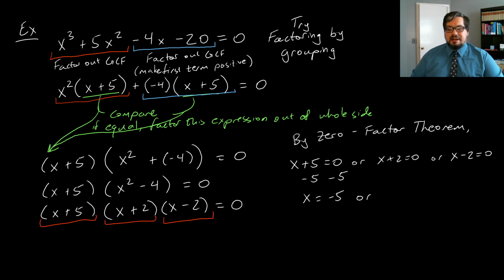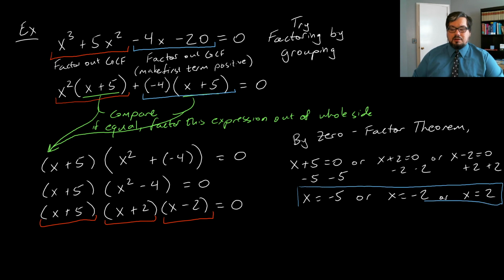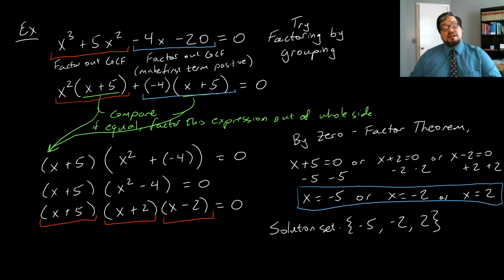So x is equal to negative 5, or x is equal to negative 2, or x is equal to positive 2. So there's our solution. Our solution set is negative 5, negative 2, 2. And again, we see we have three solutions to this degree 3 polynomial equation.